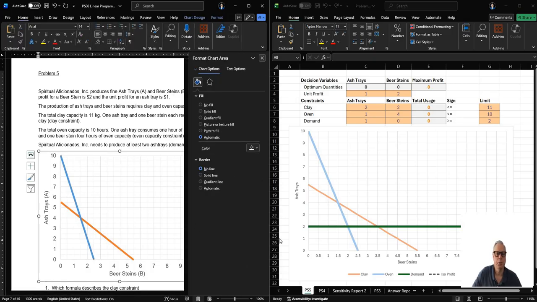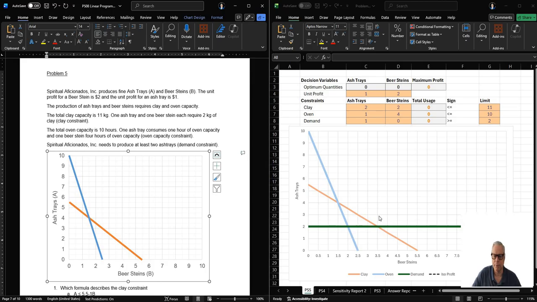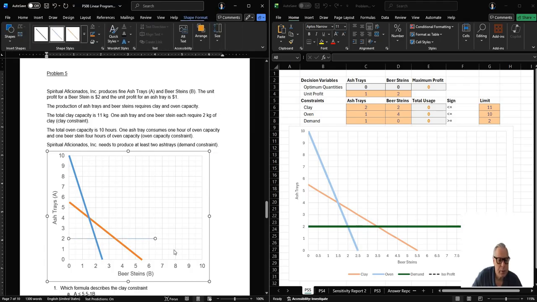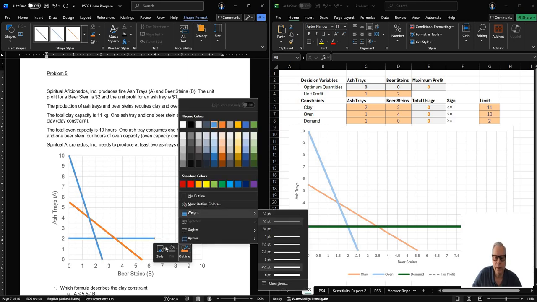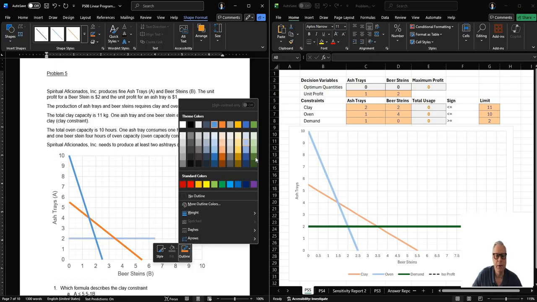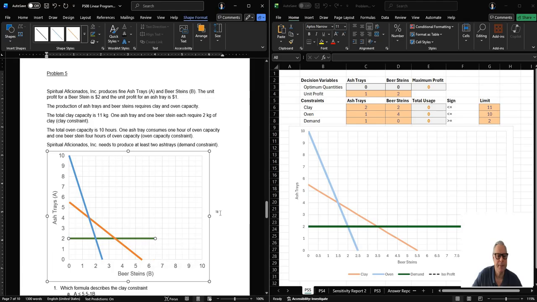And the last one is the minimum demand for the ashtrays. So insert, shapes, line to 2. And outline weight, and let's make that maybe also some green.